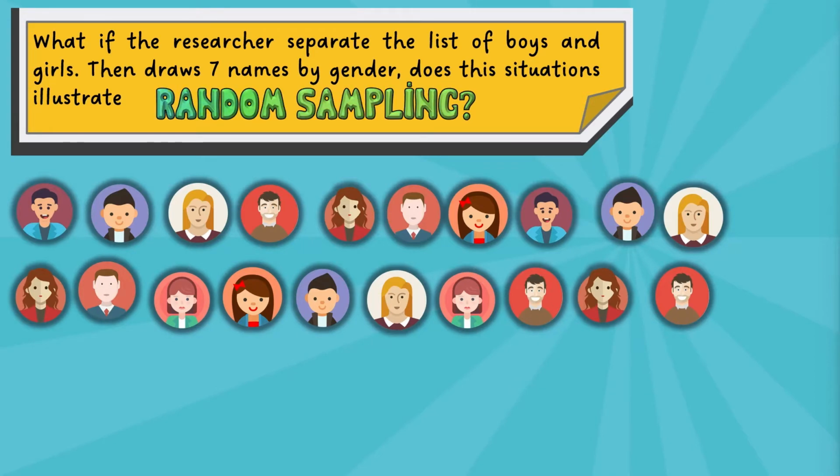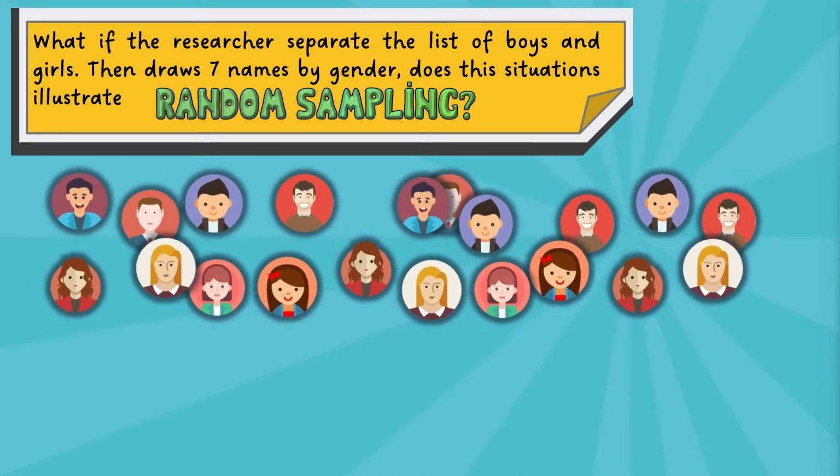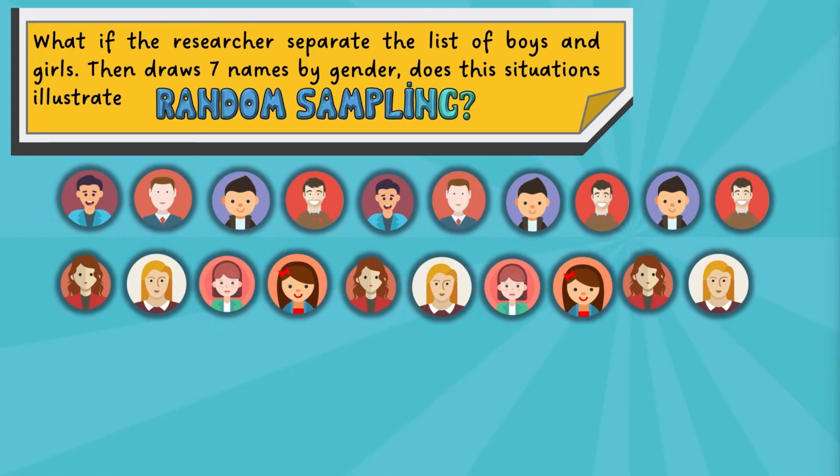Then what we're going to do is rearrange them wherein boys will be together and girls will be together. In this particular case, after arranging them by gender, you're going to pick 7 names for the boys and 7 names for the girls. Does this situation illustrate random sampling?